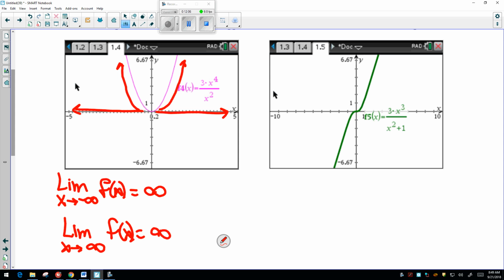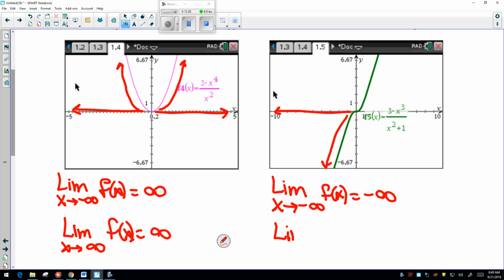So if we look at the second picture here, I want to say, okay, as x goes to negative infinity, what is happening with the function? So as x goes to negative infinity, I see my graph is going to negative infinity, not approaching a number. The only time you will have a limit is if you have a solid number.